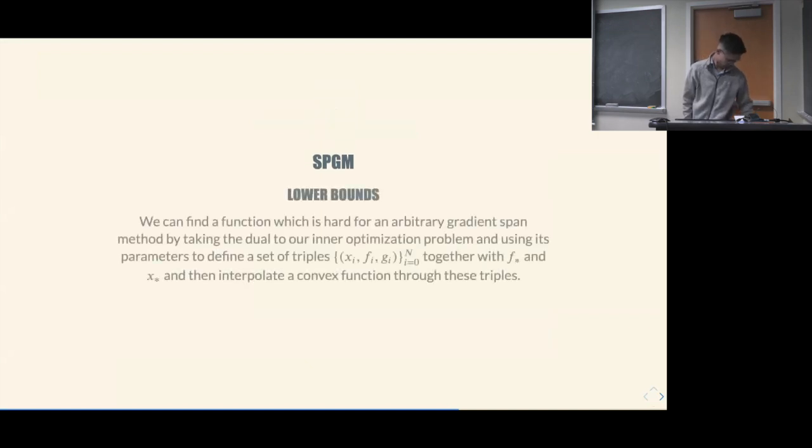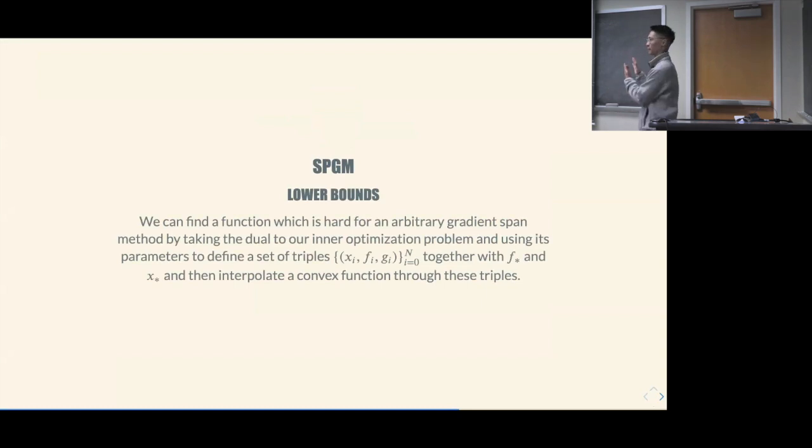The last thing I should say is how you construct these lower bounds. Essentially, you take the optimization problem that we solve in each iteration and take its dual program.